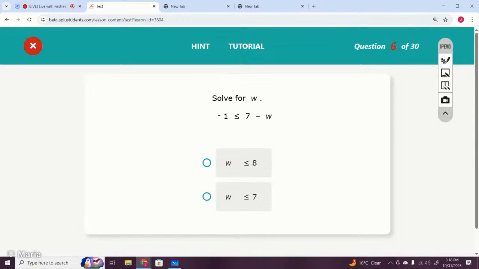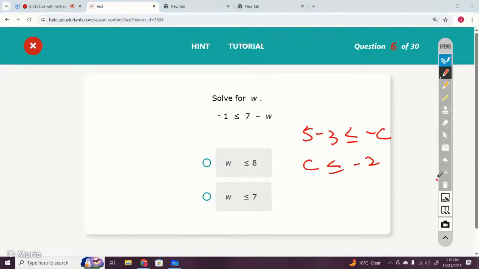Negative 1 is less than or equal to 7 minus w. So which is the correct option? Negative 1 minus 7 is less than negative w.